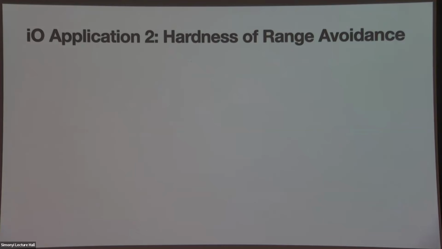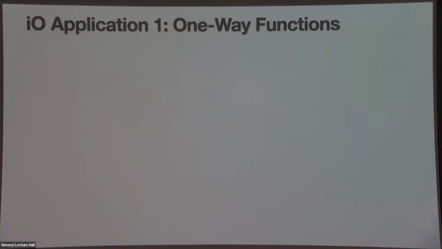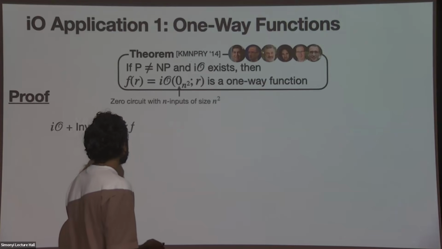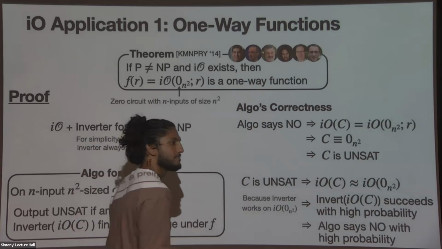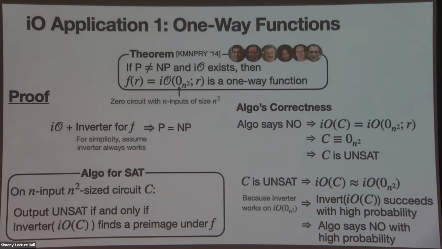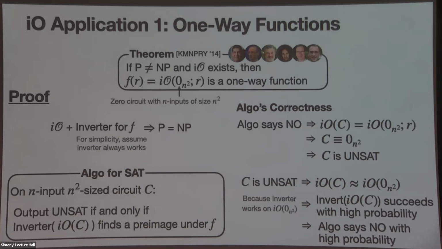Can I ask something about it? Yeah, sure. Before you move on? Yeah. I'm trying to understand the intuition behind why this would be a good notion. Great. Here, you take a circuit that you know nothing about, and you obfuscate it. Yeah.